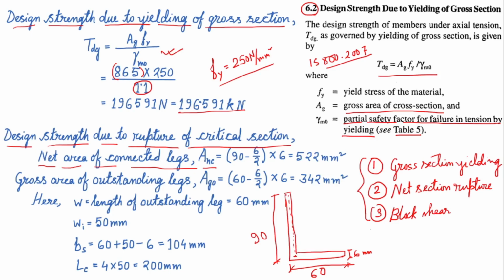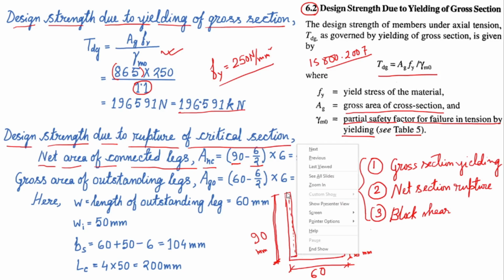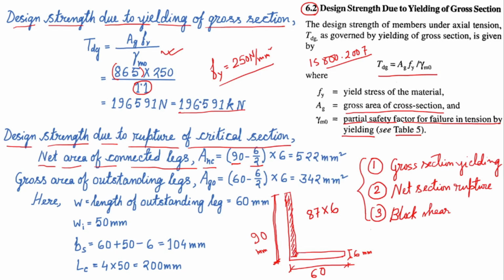So the total top to bottom length is 90 mm. If I leave 3 mm, it will be 87. That's why 90 minus 6 by 2. Okay, so if I calculate the area by multiplying the length 87 with 6 mm thickness, I shall get this area.